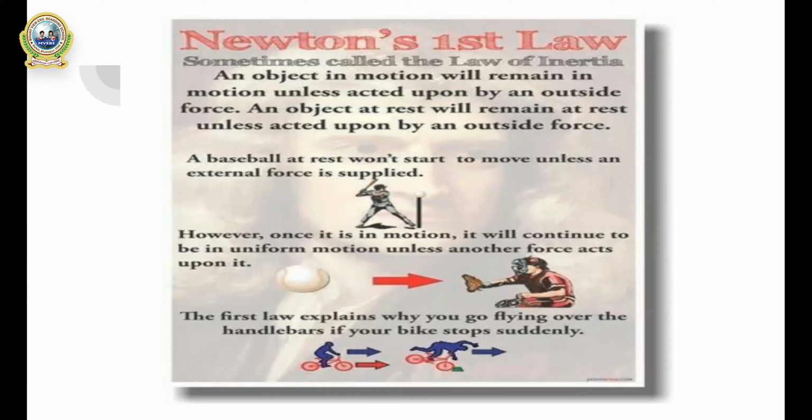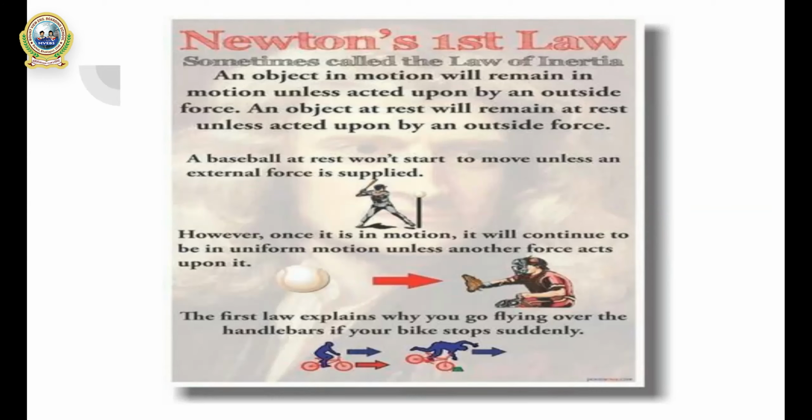Or when the bus suddenly starts from rest, we find the passengers lean backward. When a bullet is fired at a glass window pane, the bullet makes a hole without cracking the glass.